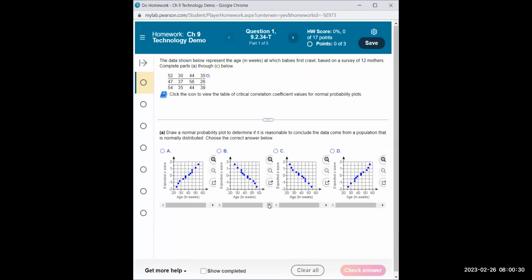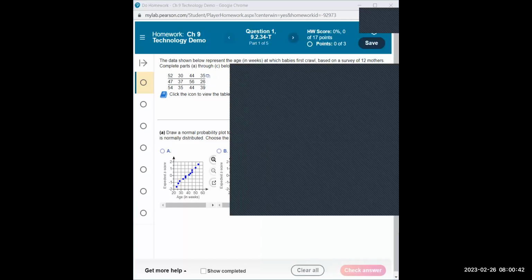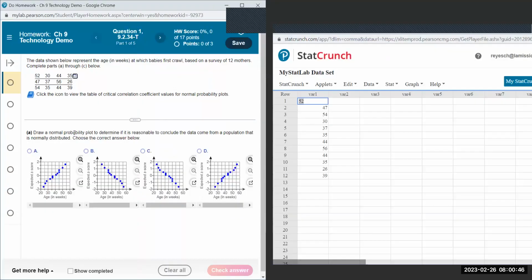make a QQ plot. So let's open up StatCrunch. They're saying to draw a normal probability plot, but on StatCrunch, it's labeled as the QQ plot.